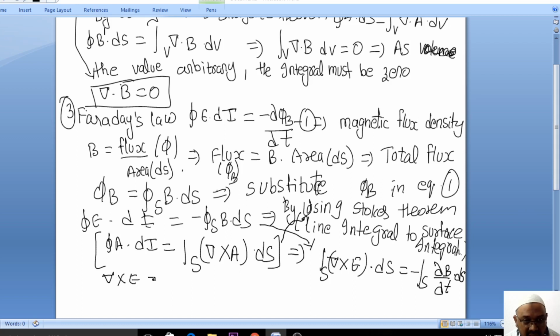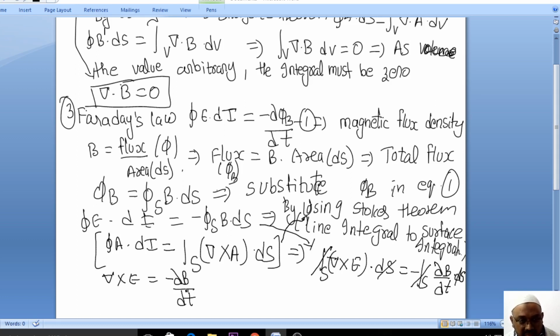So del cross E is equal to minus dou B by dou t. Clear, everybody? I should not cancel it out, but for your convenience I'm doing this. What is remaining is del cross E is equal to minus dou B by dou t.